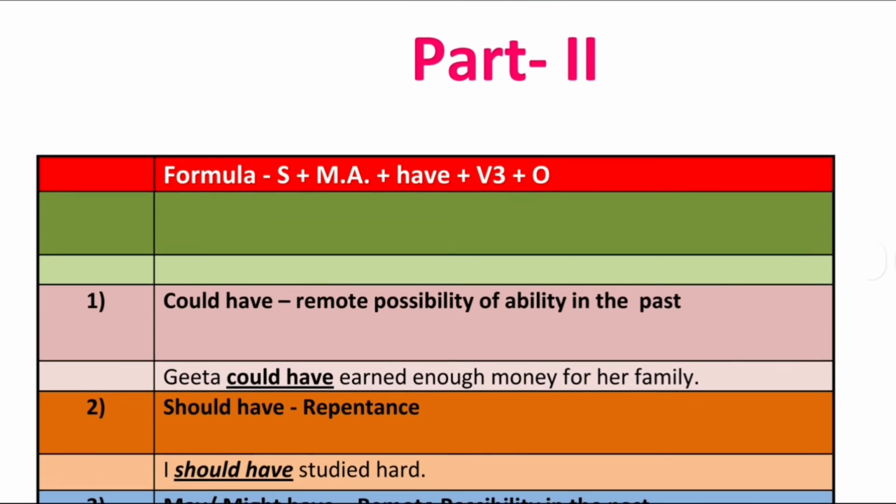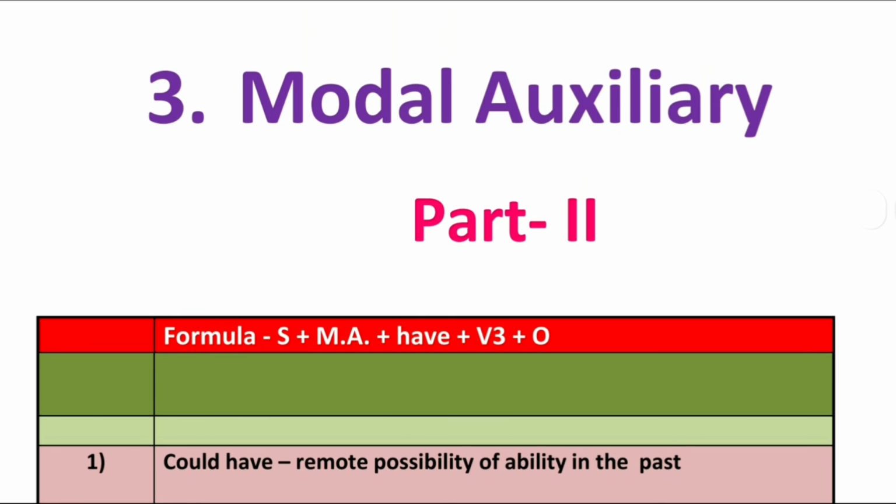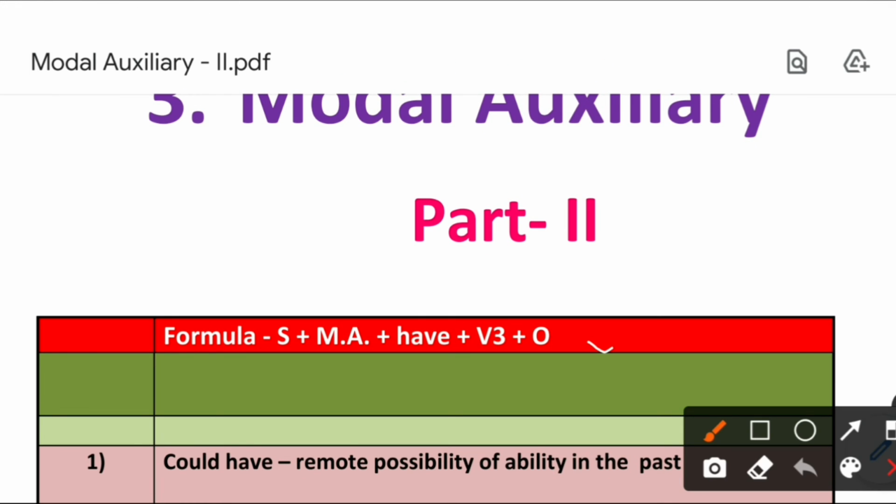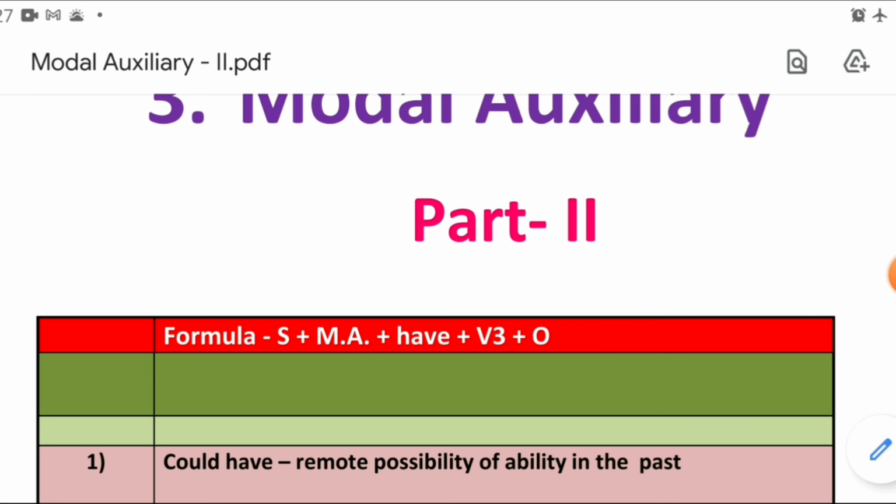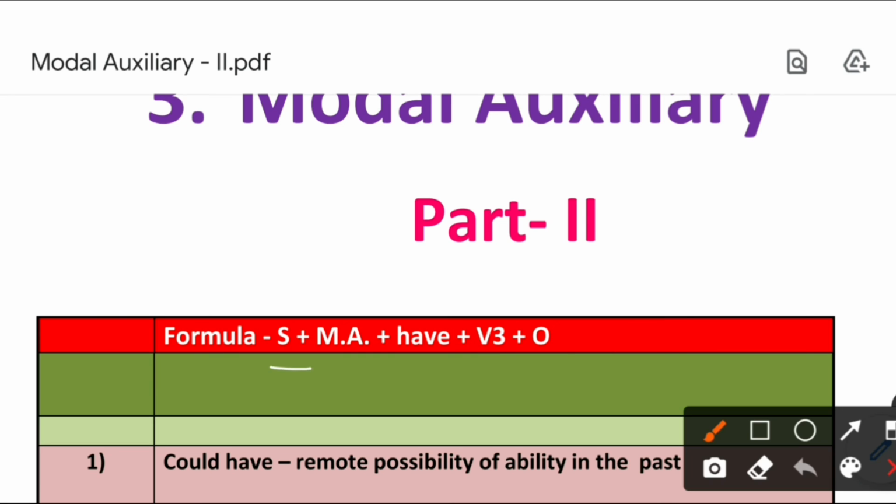So with this we have completed the second part, and we have covered this formula for all the modal auxiliary verbs. The formula is modal auxiliary plus have plus v3. Now the trick is you just have to use modal auxiliary and then have, then verb third form. And I have taught you just simple sentences. So you have to start your sentence with name of a person or the replacement word, that means subject.